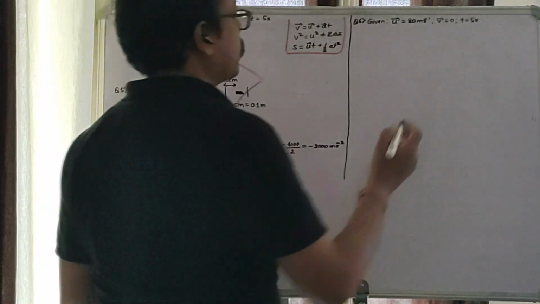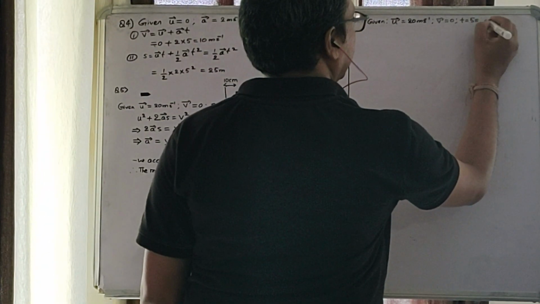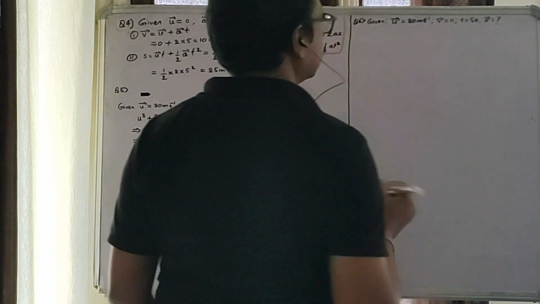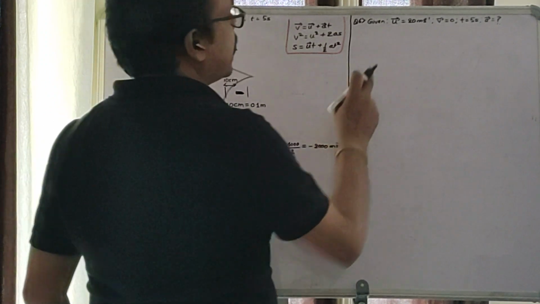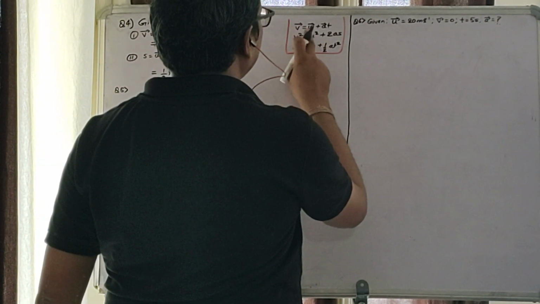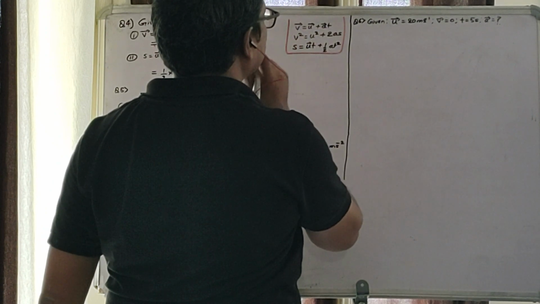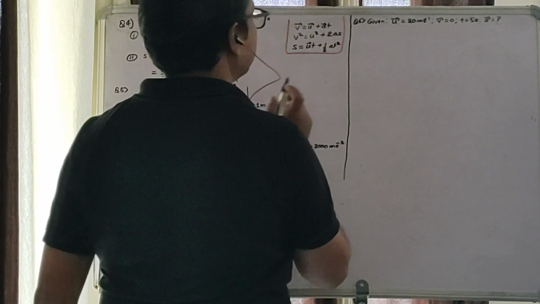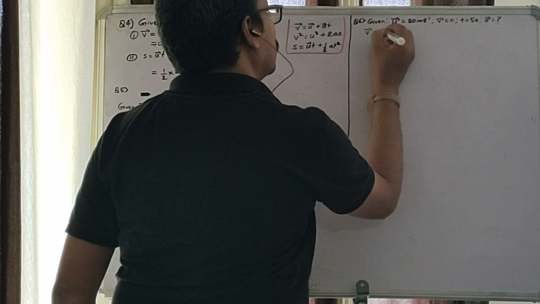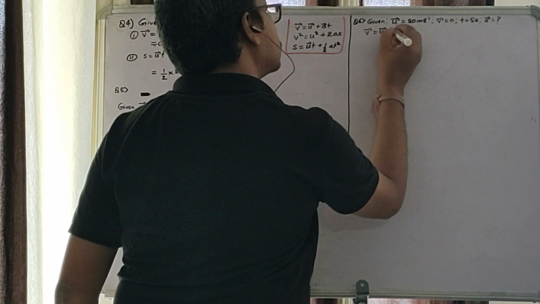Okay, let us find out. What is the retardation? Here they are asking to calculate the retardation. So what do we have? u, v, t. We will use this particular equation: v equals u plus at.